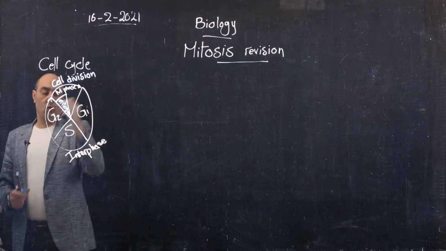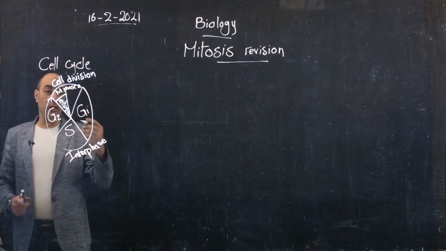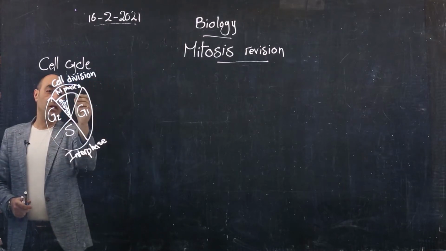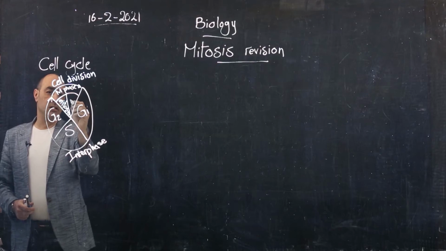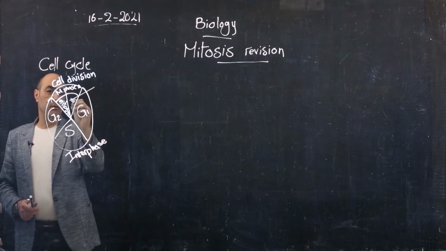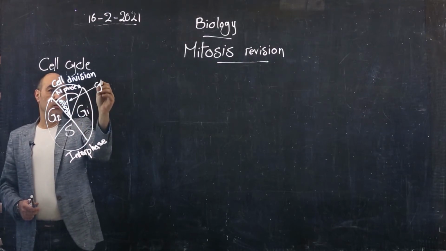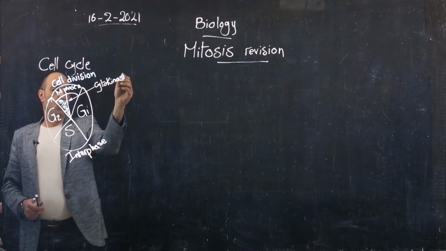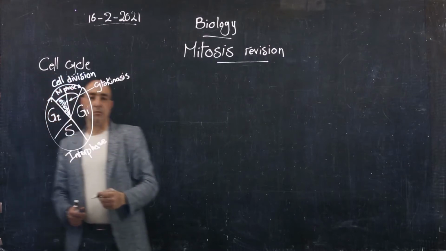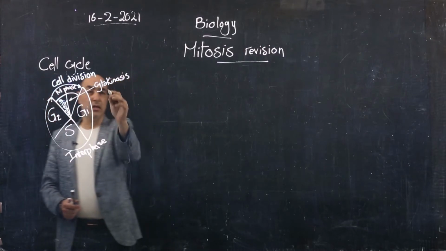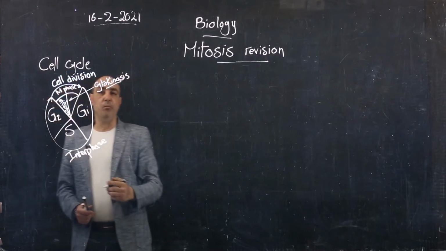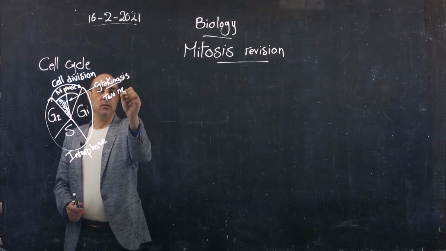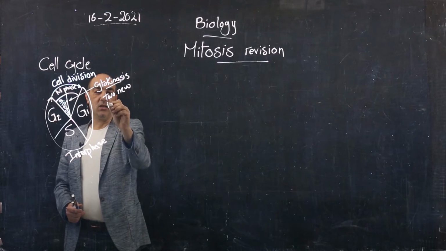And after the chromosomes are duplicated and divided for the new cells, you have in the M phase the cytokinesis, which means the splitting of the cytoplasm. So in the cytokinesis, this cell will become 2 new individual cells.